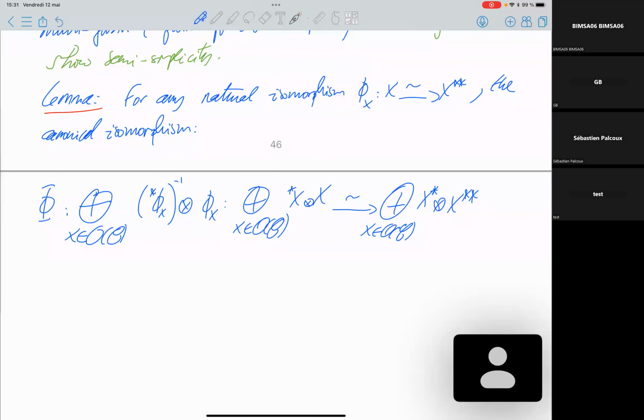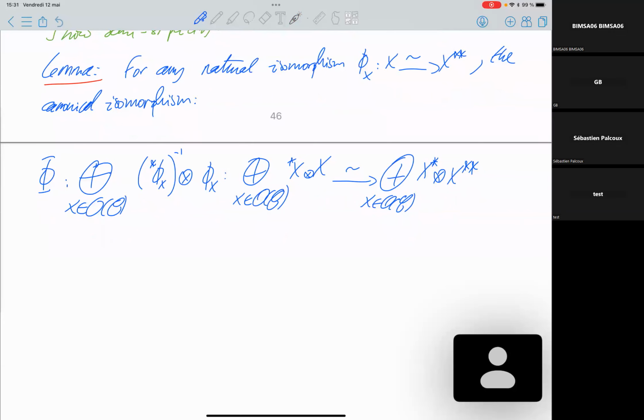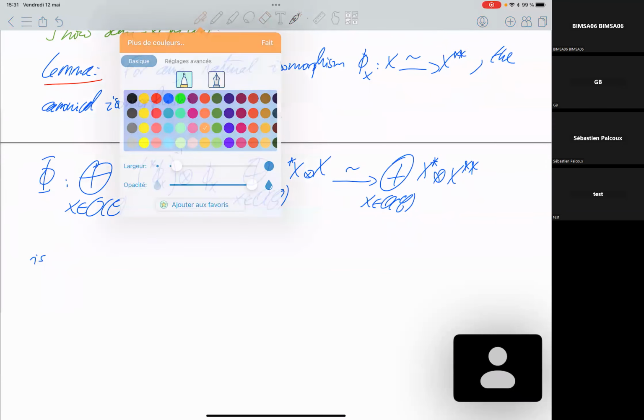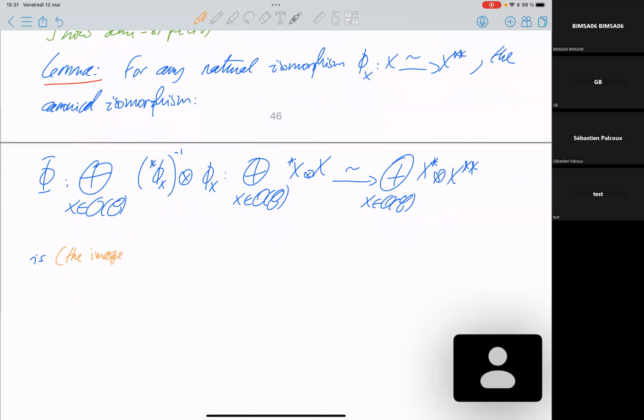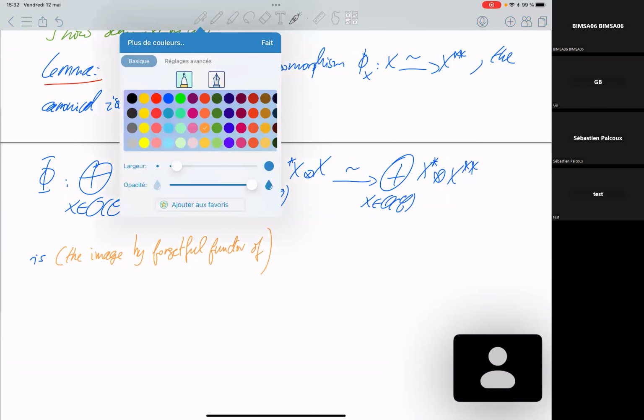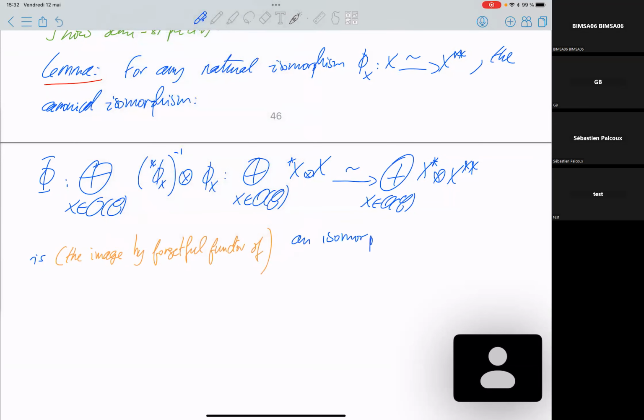But in fact, the lemma says that this isomorphism is the image by the forgetful functor of an isomorphism between I1 and its double dual in the center of C.